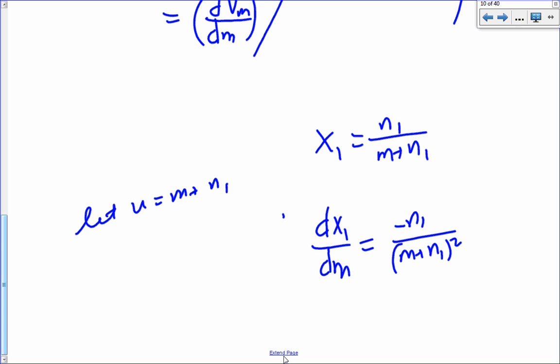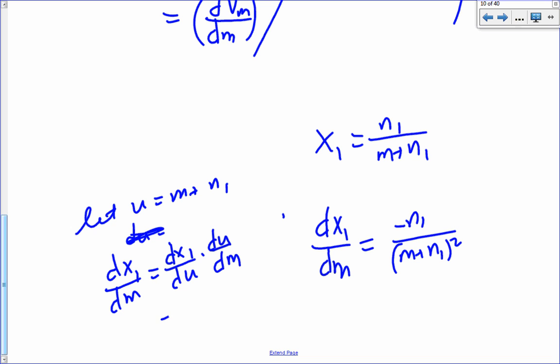Then dx1 dm is equal to dx1 du times du dm. That makes it easier. If you write this as n over u, that's going to be minus n over u squared, and du dm is just equal to 1.